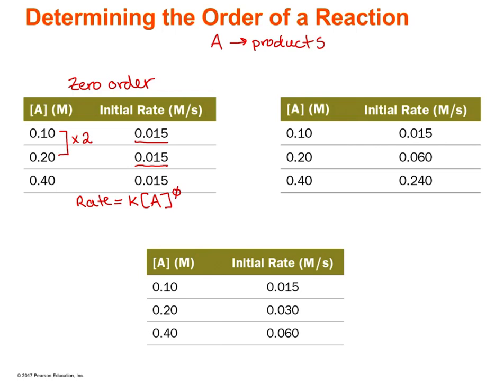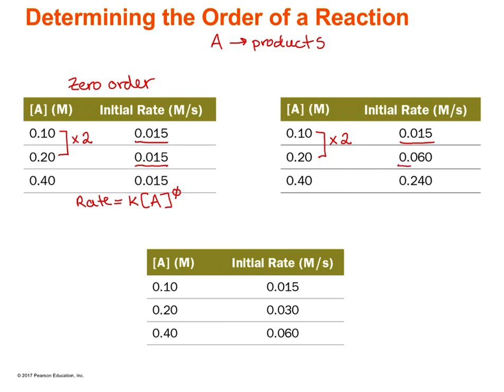Now we're going to focus on table 2 right next to it. And let's say this is for a completely different reaction, but we still just have one reactant. And let's say we again double the concentration of the reactant. And initially we find that the rate is 0.015 moles per liter per second. But after doubling the concentration of the reactant, the rate changes as well.